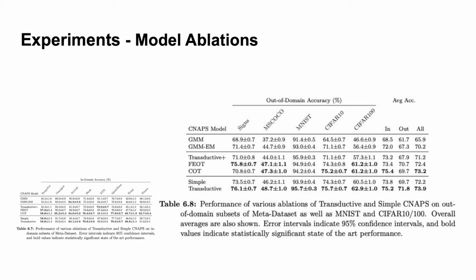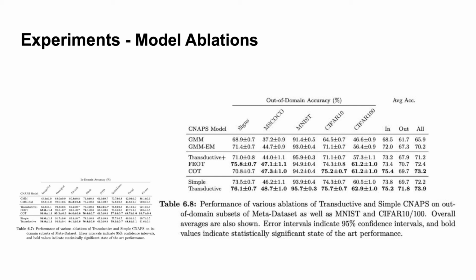So we introduce the negative log determinant. We call the first variation GMM, which corresponds directly to simple CNAPS with Gaussian-specific probabilities production. And then we consider GMM EM, where, when you enforce the exact matching to Gaussian mixture models, our soft k-means clustering procedure turns into expectation maximization. And what we see is that the introduction of that term generally results in worse performance, which is interesting because it suggests that there's some behavior in that log determinant term that is not aligned with how the feature extractor is forming the feature space.